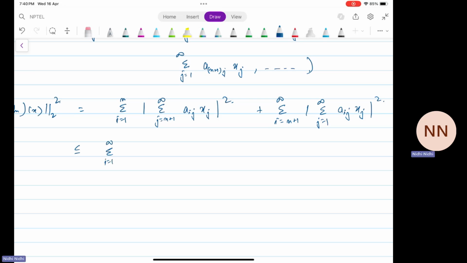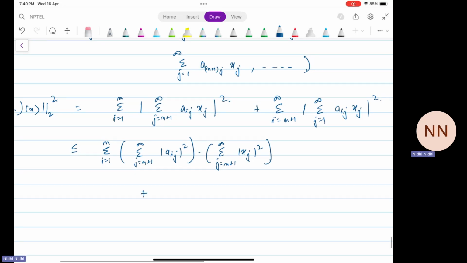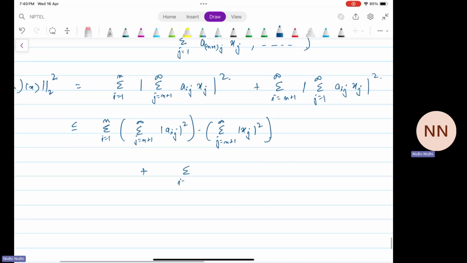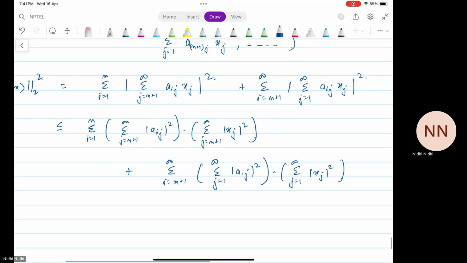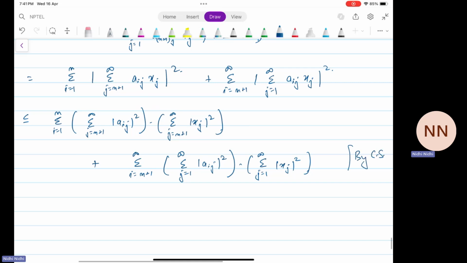summation i from 1 to n, summation j from n plus 1 to infinity a_ij square, summation j from n plus 1 to infinity x_j square, plus summation i from n plus 1 to infinity, j from 1 to infinity a_ij square, summation j from 1 to infinity x_j square, by Cauchy-Schwarz inequality.